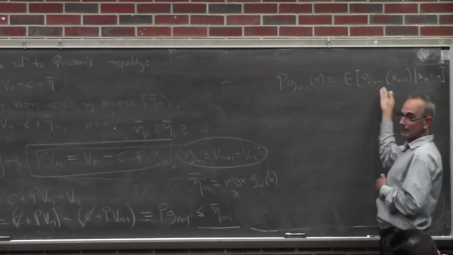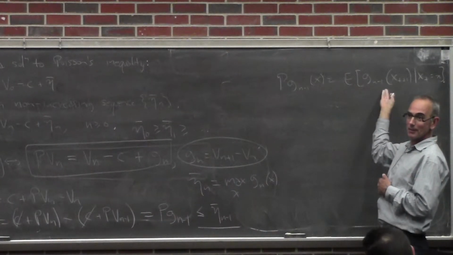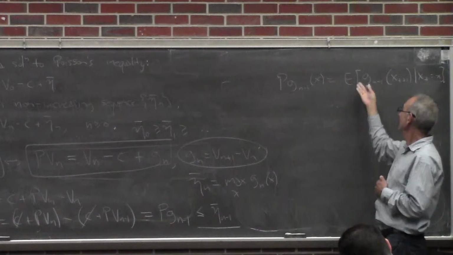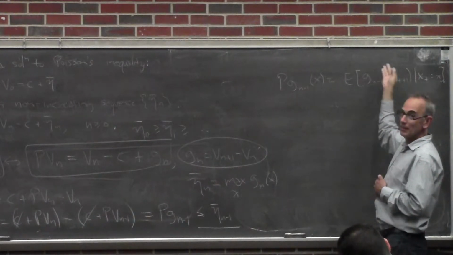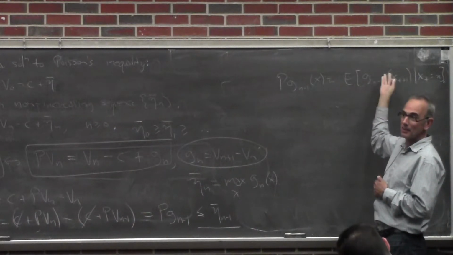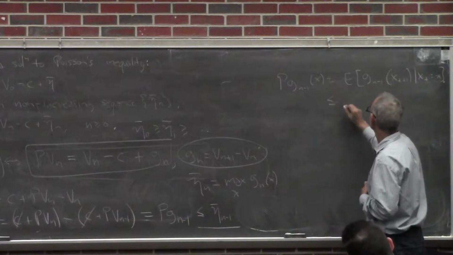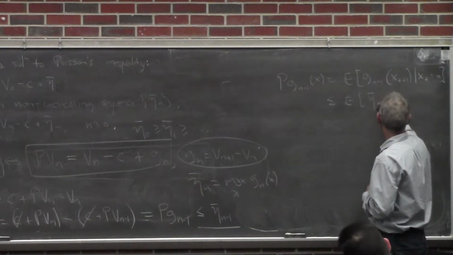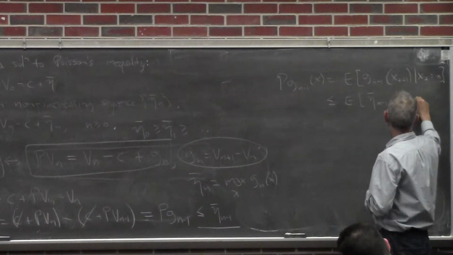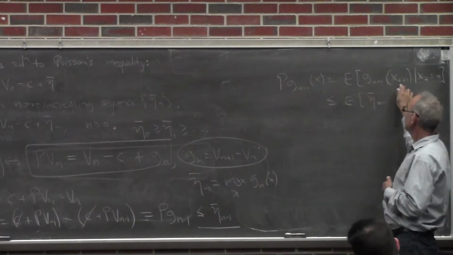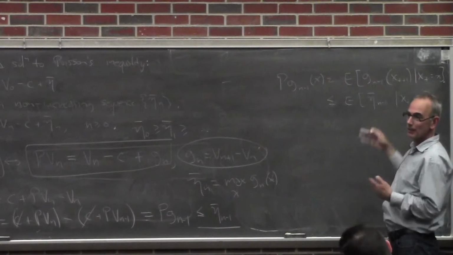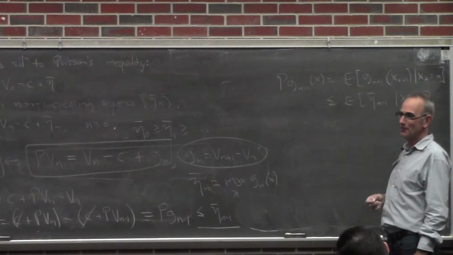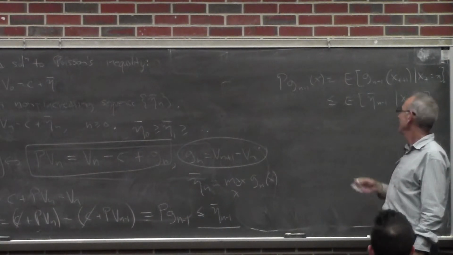Now that is less than, it's the linearity of the expectation. This is less than or equal to its max, and then I get a constant. So if I've got a function which is less than or equal to another function, the expectations are monotone. It's linearity there, and that's a constant.